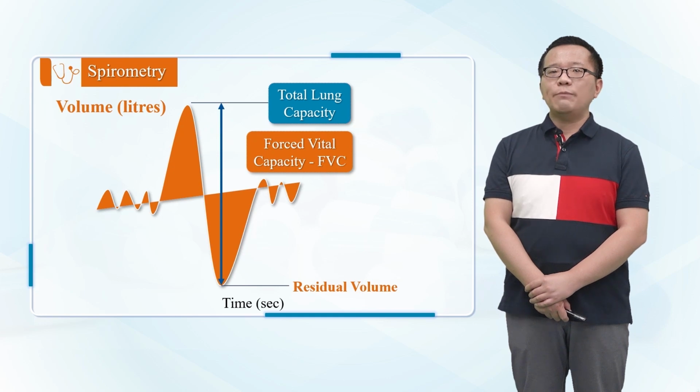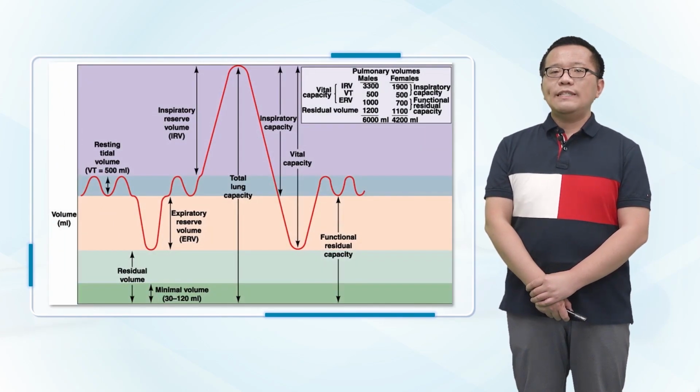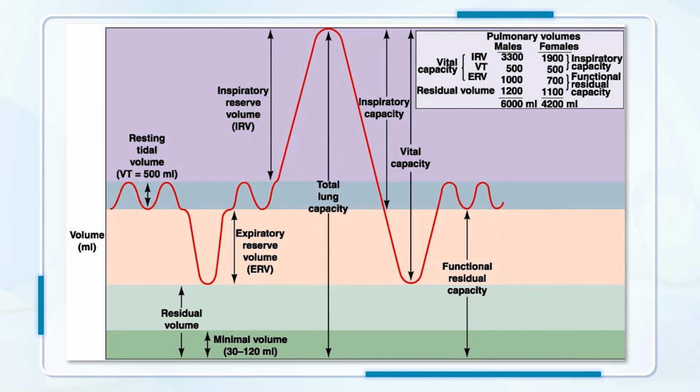FEV1 is the maximum amount of air you can forcefully exhale in 1 second. In this picture, we can see that resting tidal volume, VT, is about 500 milliliters. Residual volume is about 1,500 milliliters in male and 1,000 milliliters in female.